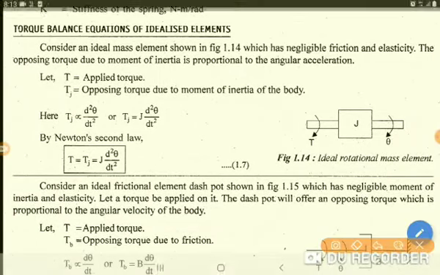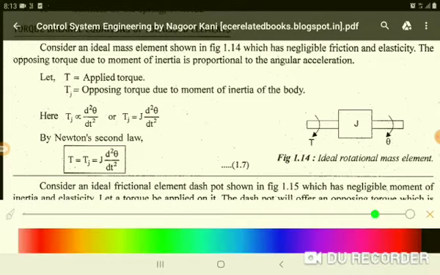So with this understanding, we'll pass on to the torque balance equations for all the elements. First consider an ideal rotational mass element with moment of inertia J. Torque is applied to it. Because of the torque, rotational displacement theta occurs.